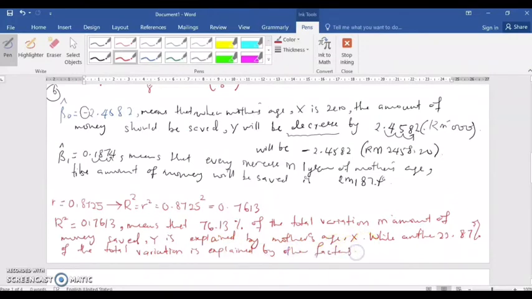Okay, so that one is the explanation for this value.